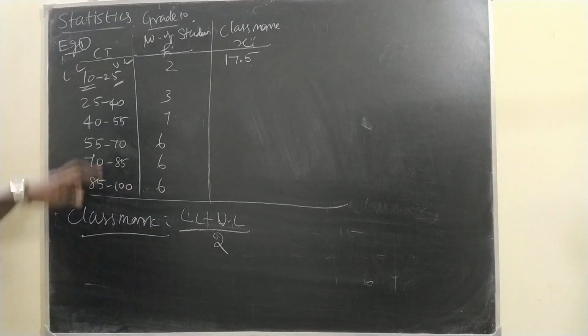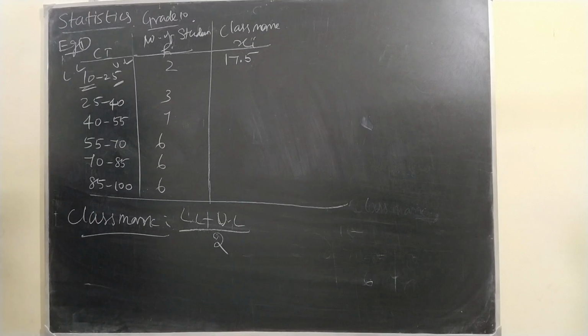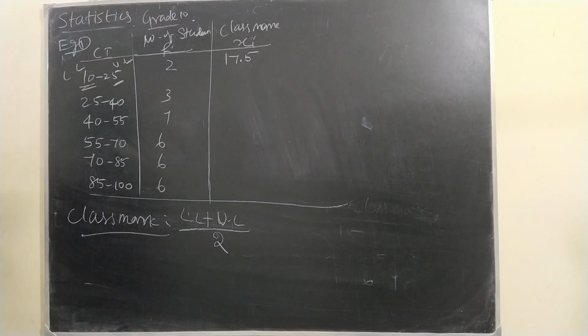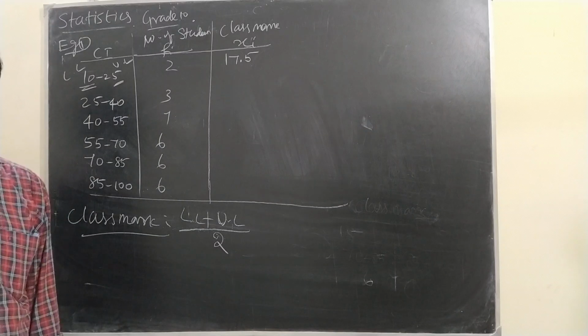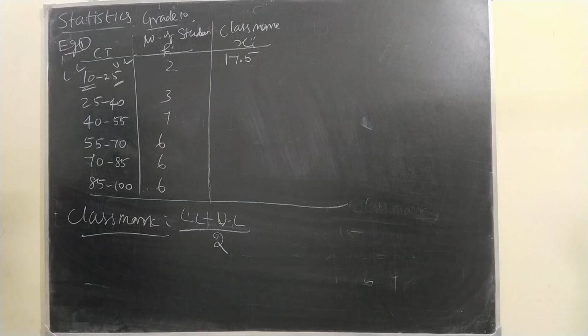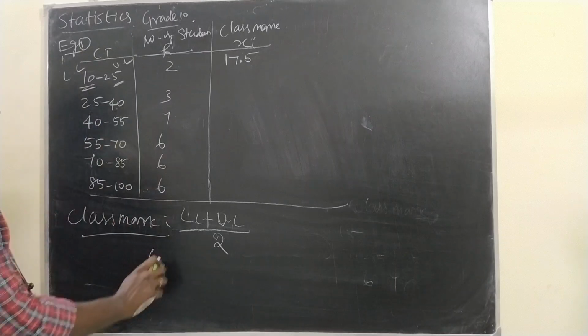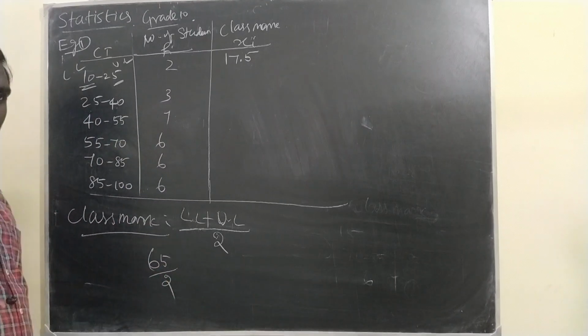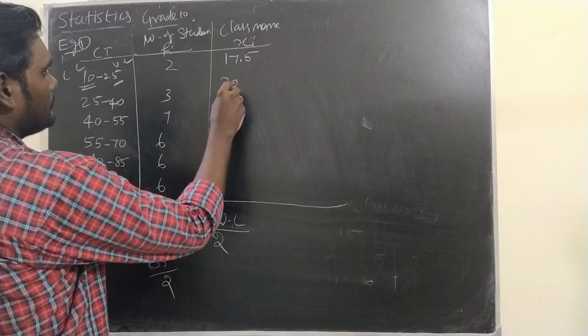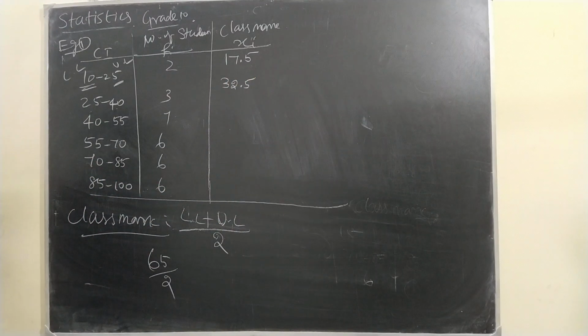So 35 by 2 is how much? 17.5. Likewise here, 65 by 2. No, it's not 27.5. See, 25 plus 40 means 65 by 2, man. It is 32.5. Okay.